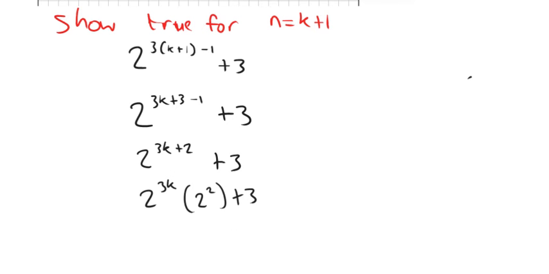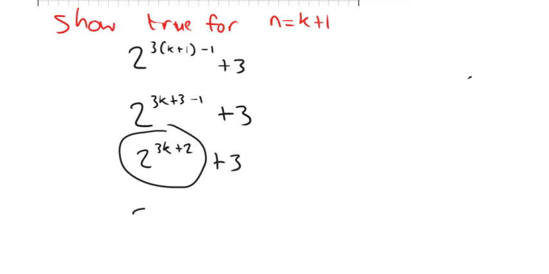So instead of splitting it up like that, I'm going to rewrite this so I have a 2 to the power of 3k minus 1. If I have 2 to the power of 3k minus 1, I need to do plus 3 as well, don't I? So minus 1 plus 3 would give me plus 2 there.